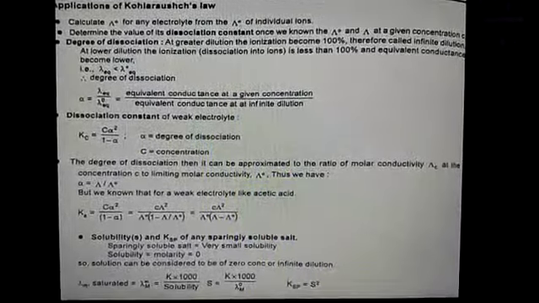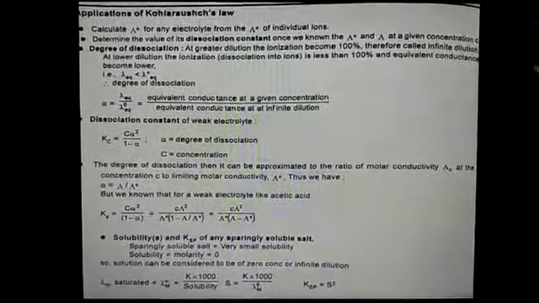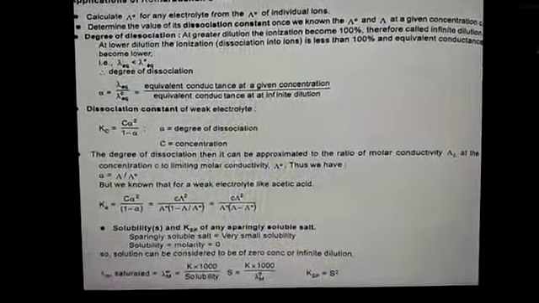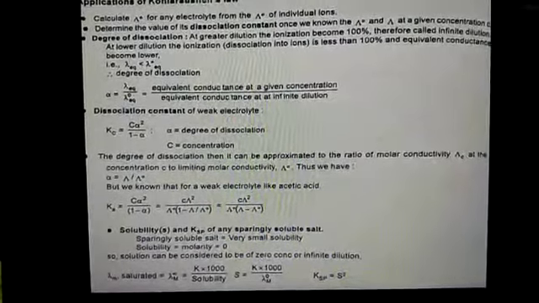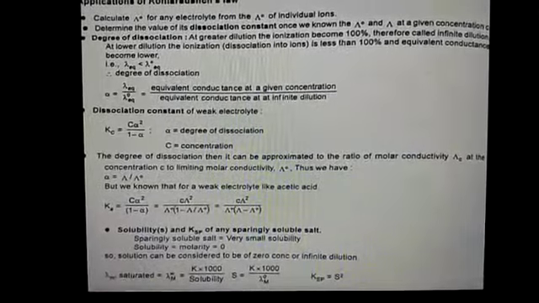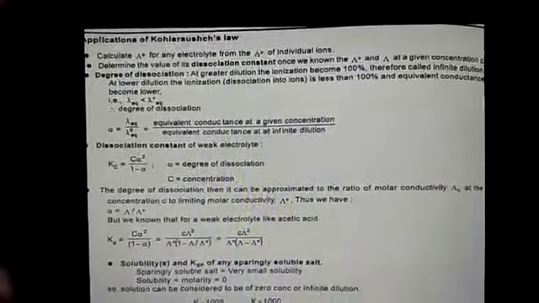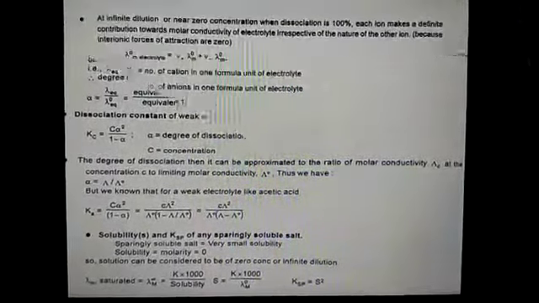Lambda m saturated will be equal to lambda m infinity, which is equal to kappa into 1000 upon solubility, and so solubility is equal to kappa into 1000 upon lambda m naught, where lambda m naught is the molar conductivity at infinite dilution. Now putting in these values, we are able to calculate the solubility of the sparingly soluble salt.